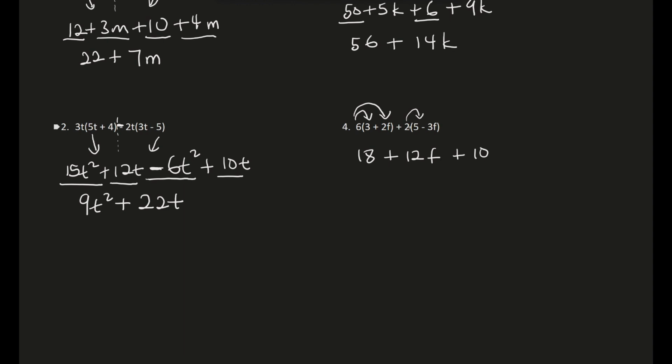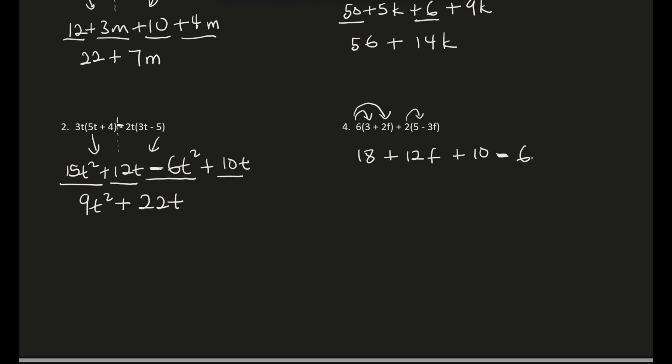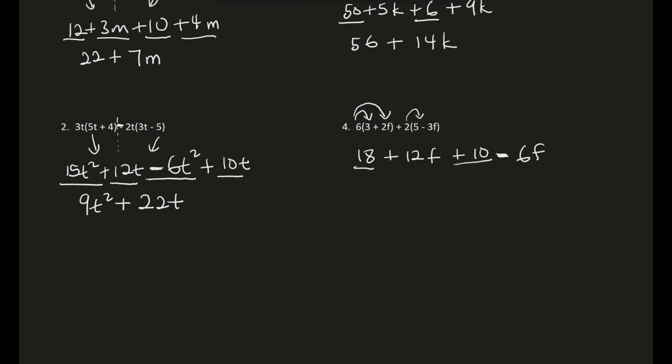We have 2, that is plus 2 times minus 3. Don't forget, negative times positive is negative. So we have 2 times 3f, that gives us minus 6f. Now let's group like terms. 18 add 10 gives me 28, and plus 12f minus 6f gives me plus 6f.